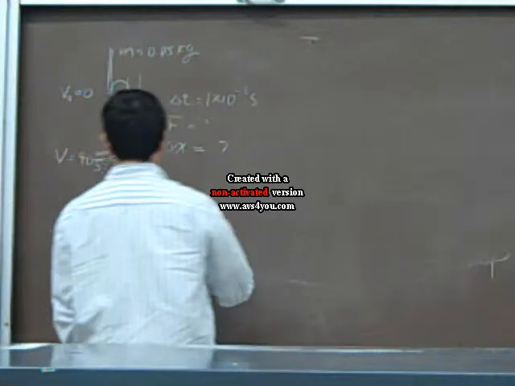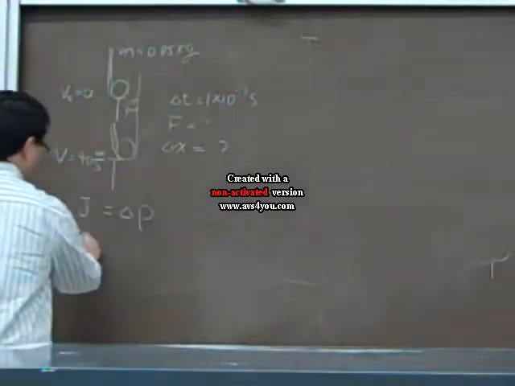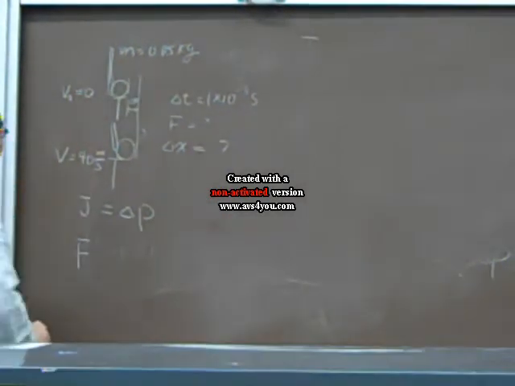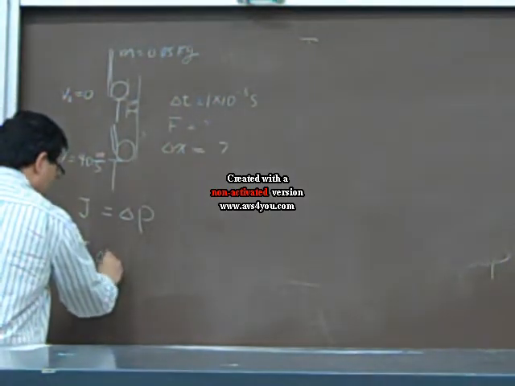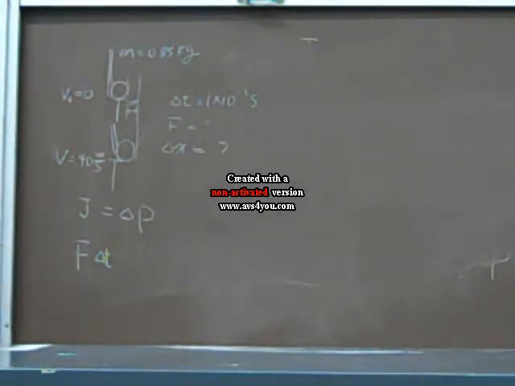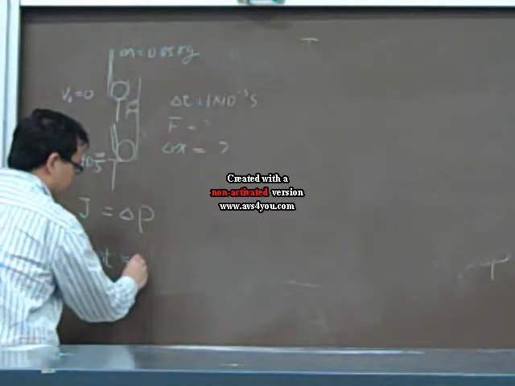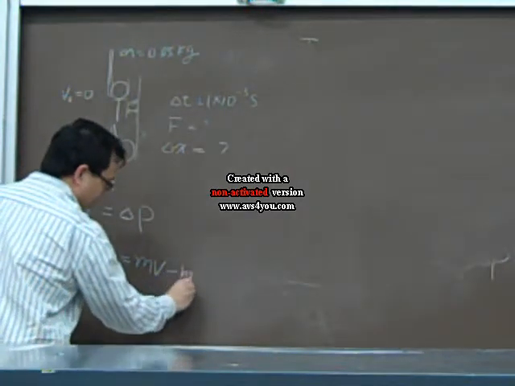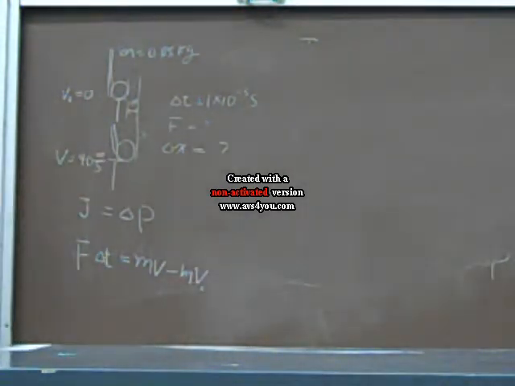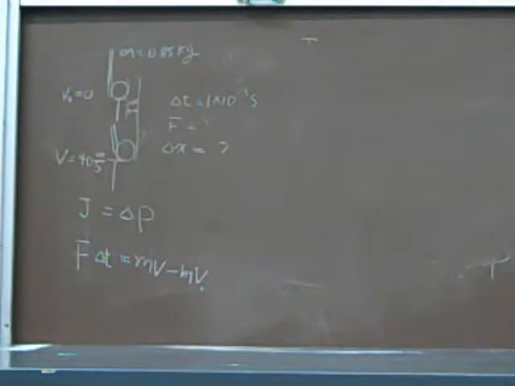And J, on the other hand, is force multiplied by delta t. For this very short time interval, you can think of this as a constant force, so you don't have to do the integral. On the other hand, delta p is mv minus mv naught.